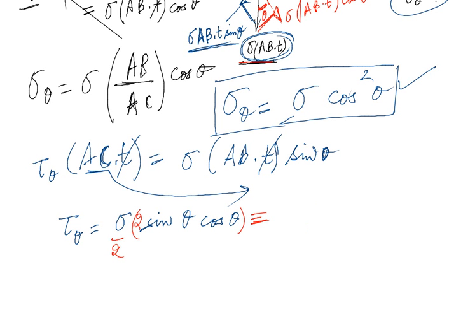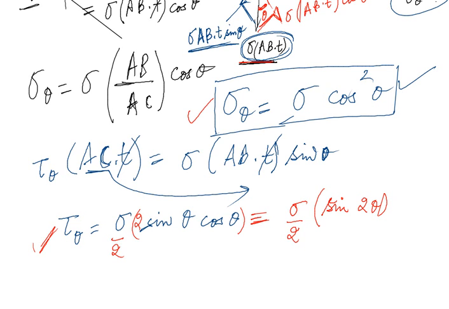This would become sigma by 2 into sine 2 theta. So these are the two values that we were hoping to find out, and we have found these out. So you have the value of tau theta and you have the value of sigma theta.